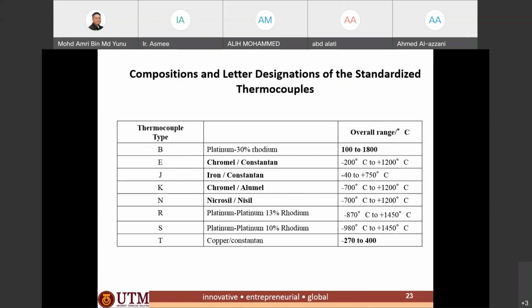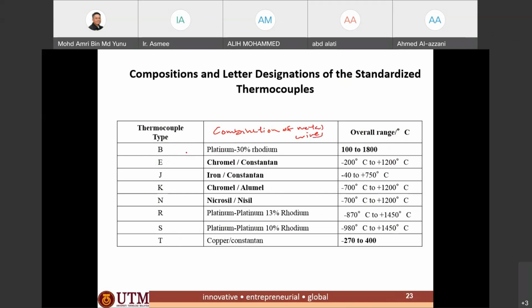These are the thermocouple types which are available in the industry. The type represents the combination of metal wire.